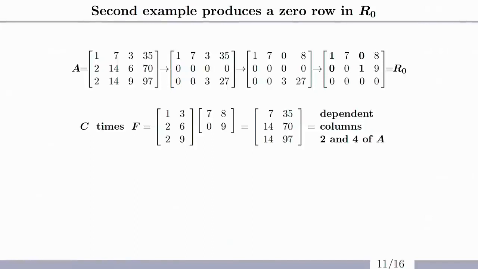So there are no zeros in the original matrix A, but elimination aims to get zeros. Here it got zeros very quickly, because the second row of that matrix, 2, 14, 6, 70, is just twice the first row.